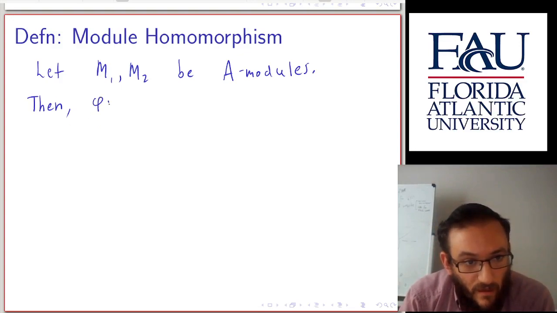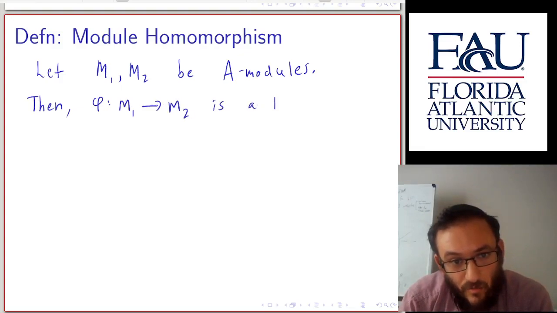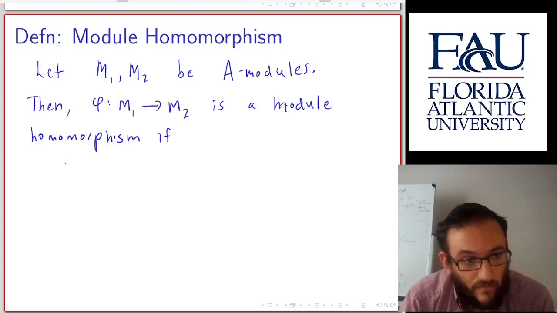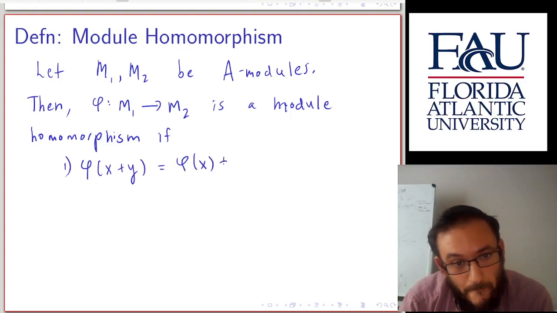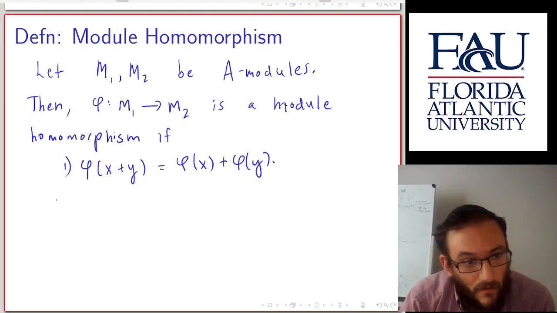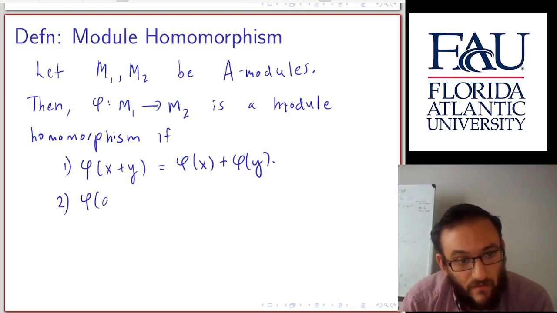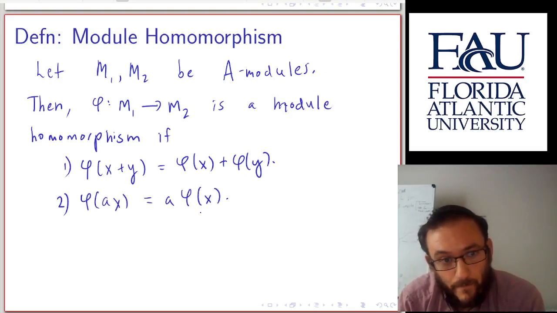So phi, a map from M1 to M2, is a module homomorphism if, first of all, it needs to be a group homomorphism, so phi of x plus y equals phi of x plus phi of y. And it needs to respect multiplication by A, so we get phi of ax equals a phi of x.